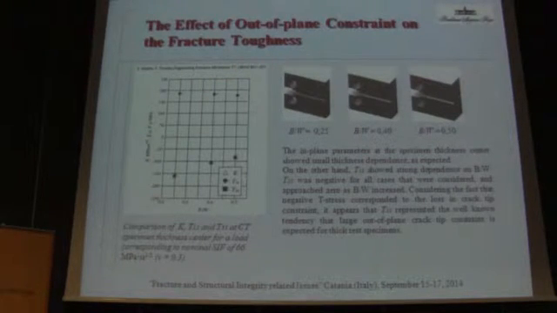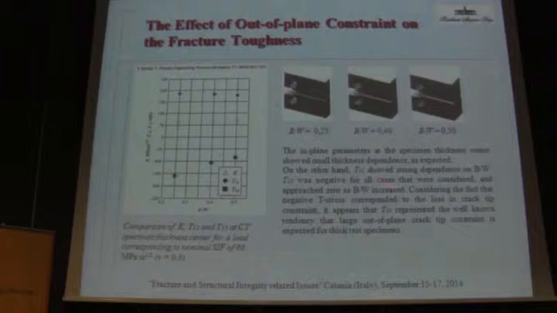And the in-plane parameter at the specimen thickness center shows small thickness dependence as expected. In this case, we have considered CT specimens of the same configuration, but different just in thickness. So we have a variation of the ratio between thickness and width from 0.25 to 0.5.